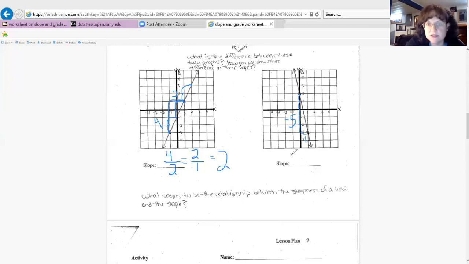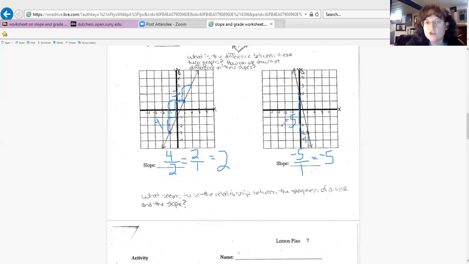So this gives me a slope of -5 over 1, or just -5 if you wanted to get it back down to a number. But again, let's compare these two graphs. Here I had a slope of positive 2, because it was increasing. Here I had a slope of -5, negative because it was decreasing.